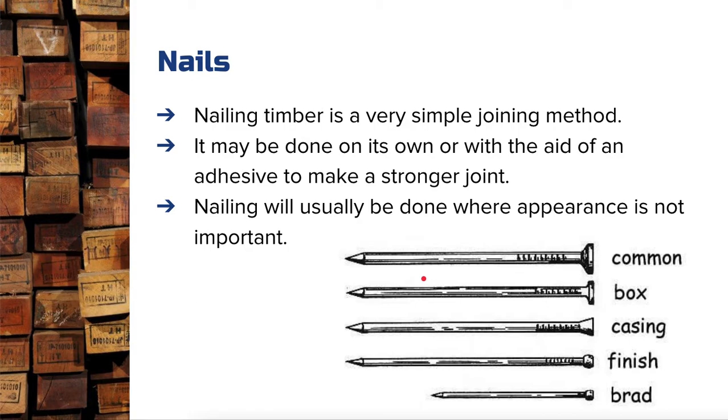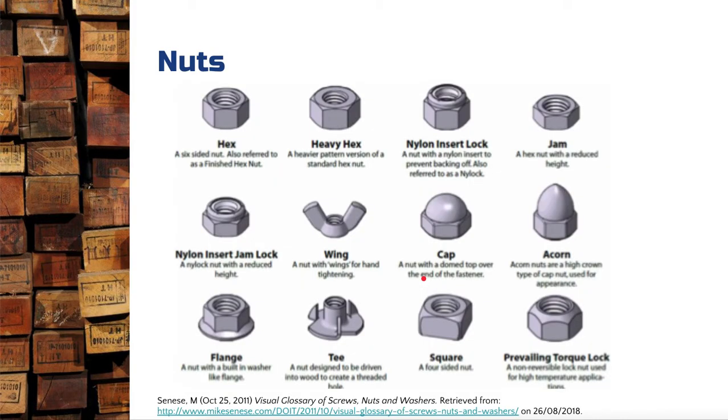So unless you drive it in further, sink it in, putty over it, then you're going to have that little metal dot there, which maybe won't accept your stain, won't accept your paint. It just makes it that little bit trickier for you. So when nailing, have a think about appearance. If appearance is not important to you, nail. If appearance is important and you really want to nail anyway, that's totally fine. You just drive that nail in just that little bit further, and then putty over.